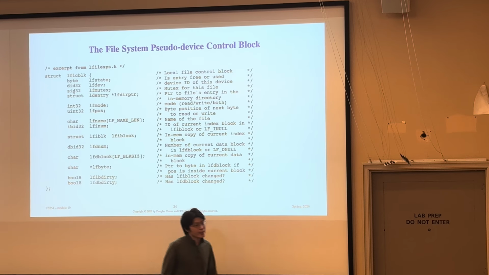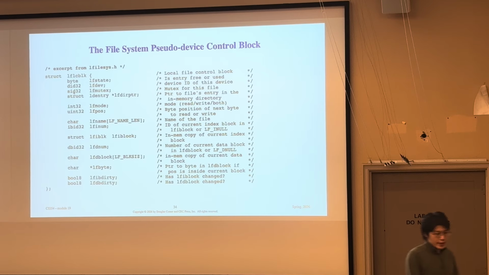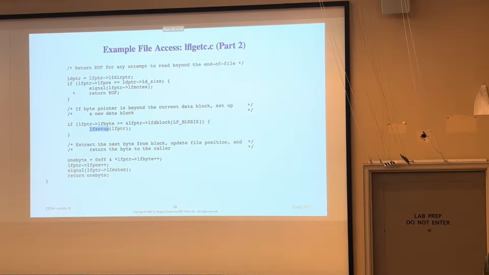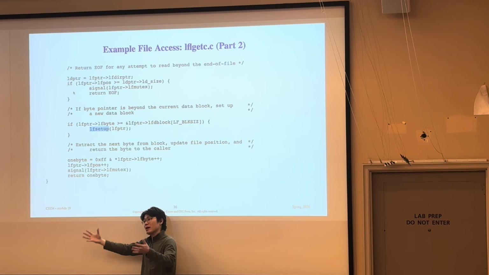And we also explained the read process, but we won't go into the detail. I pointed you guys to read this function, LF setup. This is the function that does the previous check, checking whether the read or write exceeds the current data block boundary, and whether it exceeds the current index block boundary, and handles them correctly. It's all handled in this LF setup function.